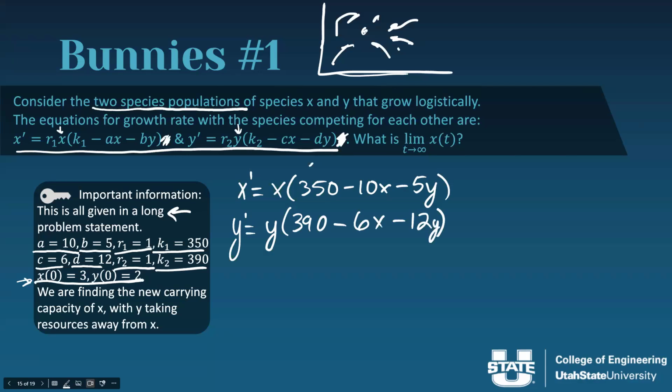Oh, forgot my Y. All right, so again, we're looking for fixed points, which means these are equal to 0. And again, we want to ignore the trivial fixed point. So now we have 2 equations and 2 unknowns. I'm going to go ahead and move our x's and y's over to the other side.